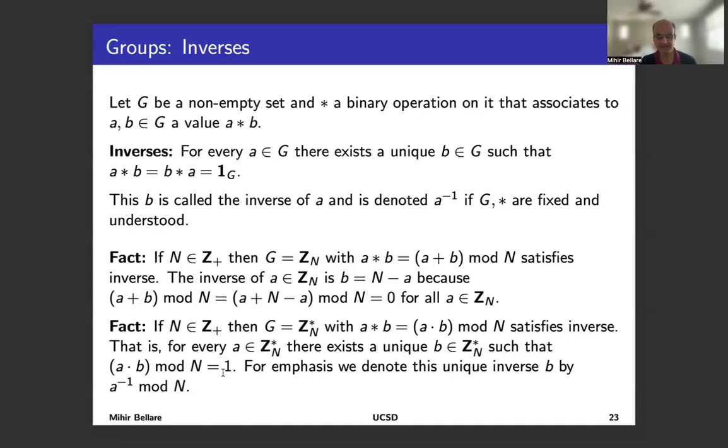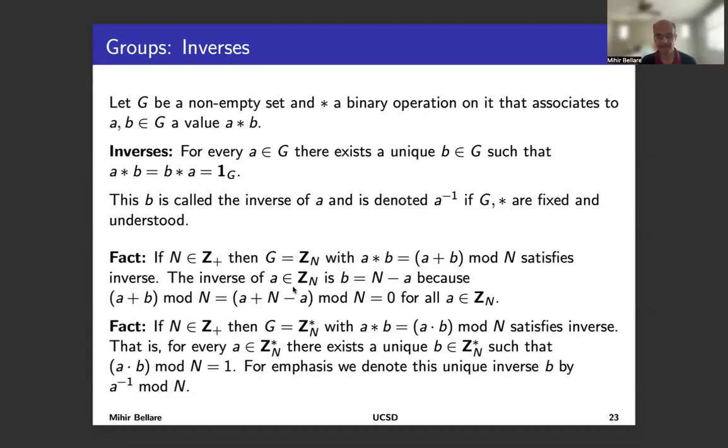Now, in this case, I sometimes, for emphasis, write the inverse this way, just to help you appreciate that it does depend on this value n, because that's what defines the group in which you work. So given an A, the inverse is some B, and it will be unique, such that when you multiply them mod n, you get 1. And it has to be something that falls back in the same set.